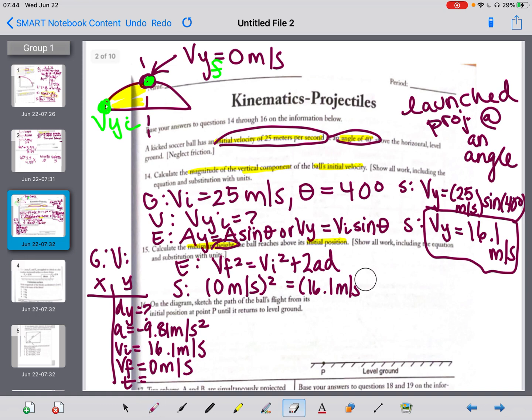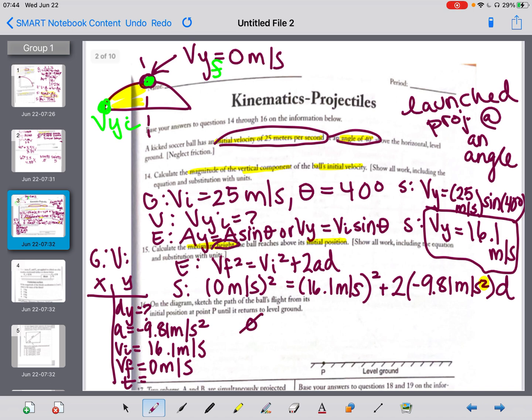And hold on, we want to make sure that that square is definitely outside the parentheses, because you're not squaring the units, you're squaring the actual number itself. Plus 2, you are going to put a negative 9.81 meters per second squared here, and then you're going to put d. Notice here that you have meters per second squared, indicating that your units are squared, not the number 9.81. Okay, let's clean this up.